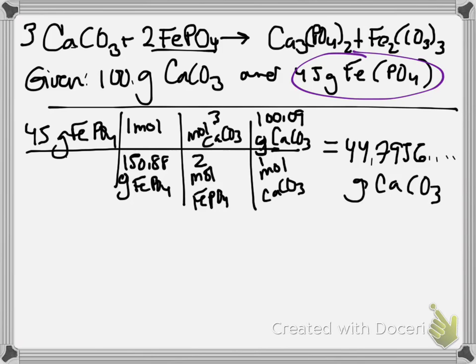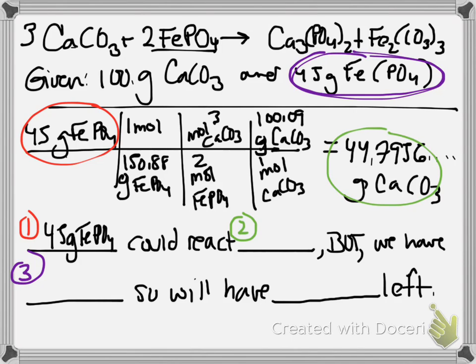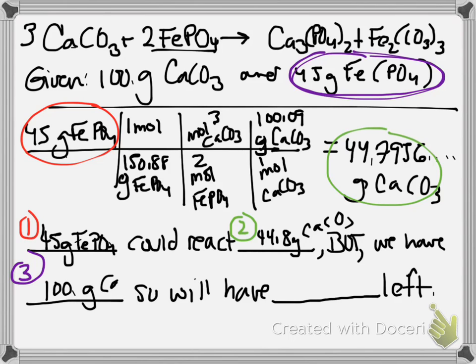If we write our sentence again, we're going to plug stuff into that sentence. 45 grams of iron phosphate could react, we'll call it 44.8 grams of calcium carbonate, but we have 100 grams of calcium carbonate.